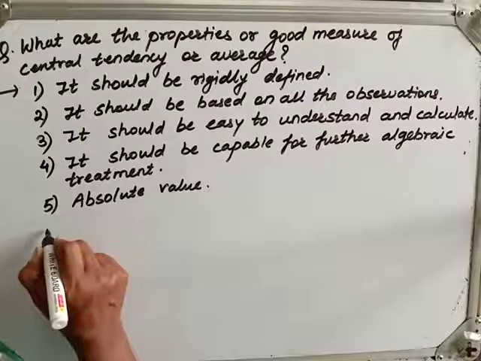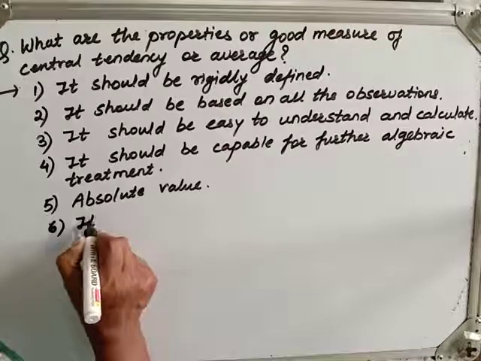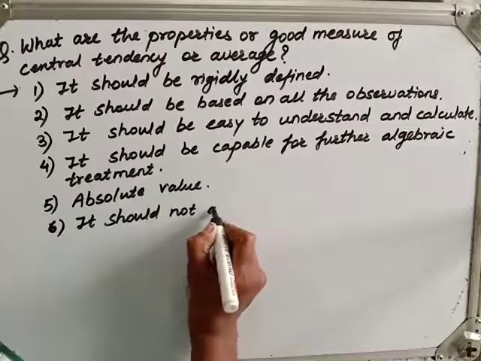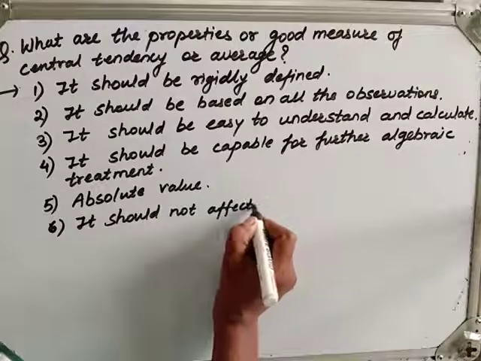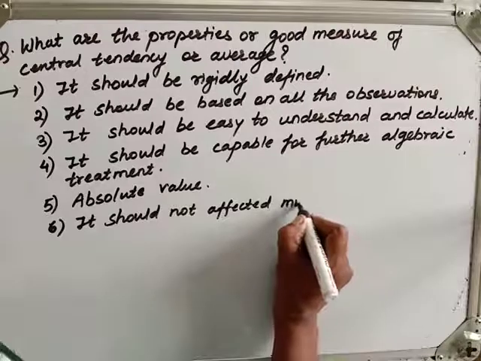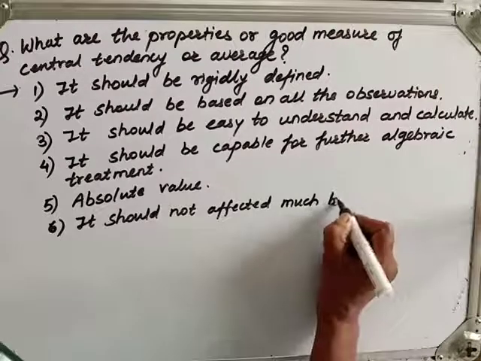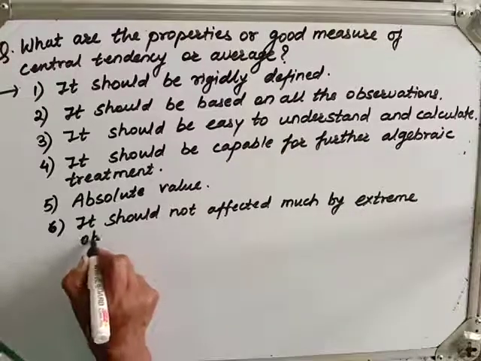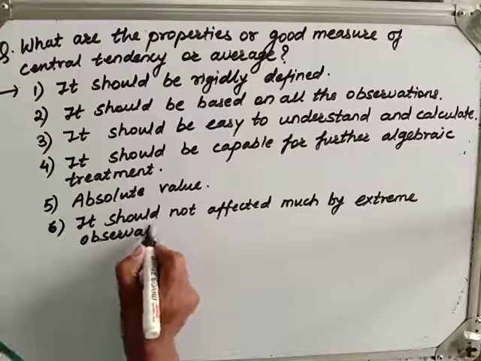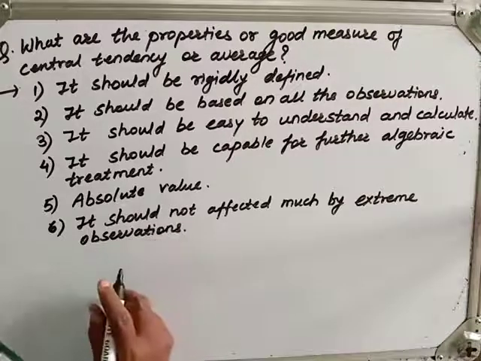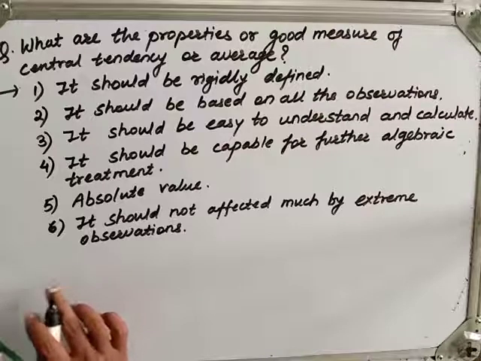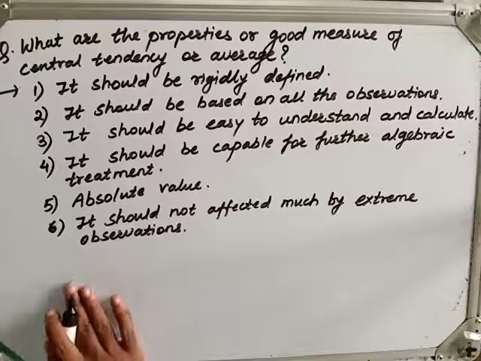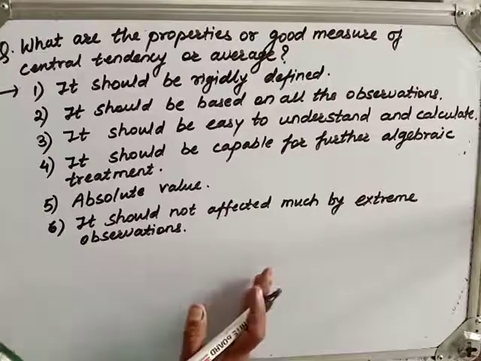Now next thing, it should not be affected much by extreme observations. As we saw in the last example, when we write them in increasing or decreasing order, a few observations are very small, or a few are very large.